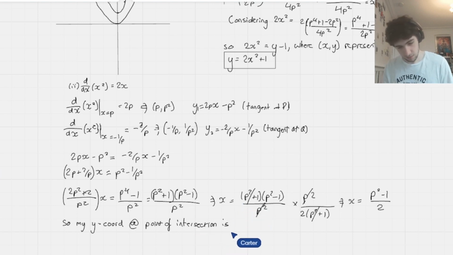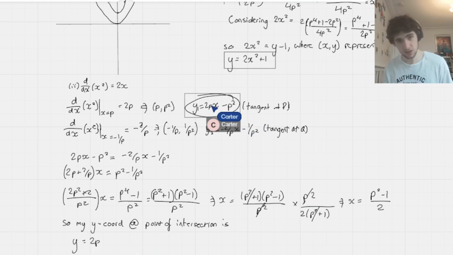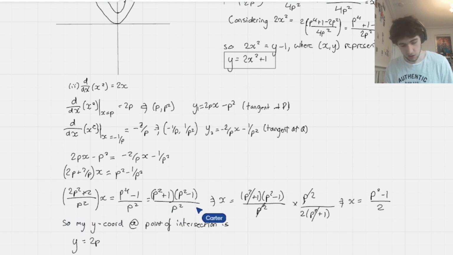Is effectively going to be y equals 2p, so this is just me plugging my x value back into y1 here. I could also plug it into y2, but I'll plug it into y1, because why not? So 2p multiplied by p squared minus 1, divided by 2, and then we do minus p squared. That's our y1. So obviously these two cancel.